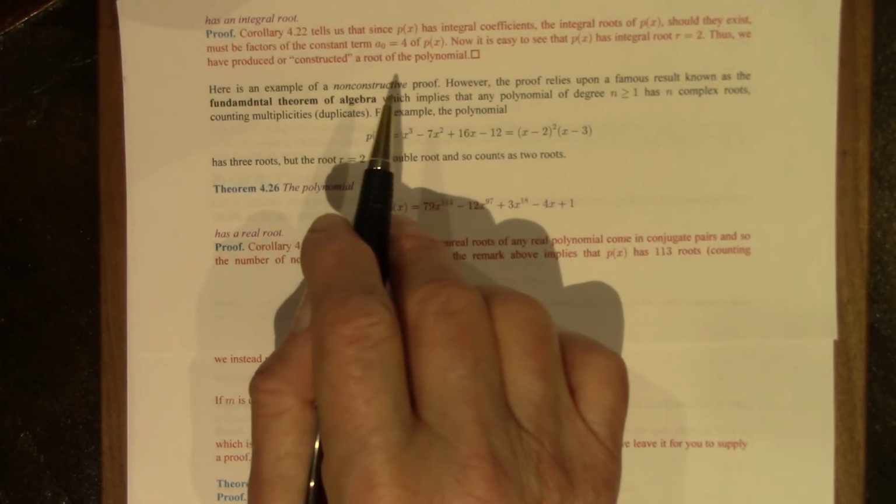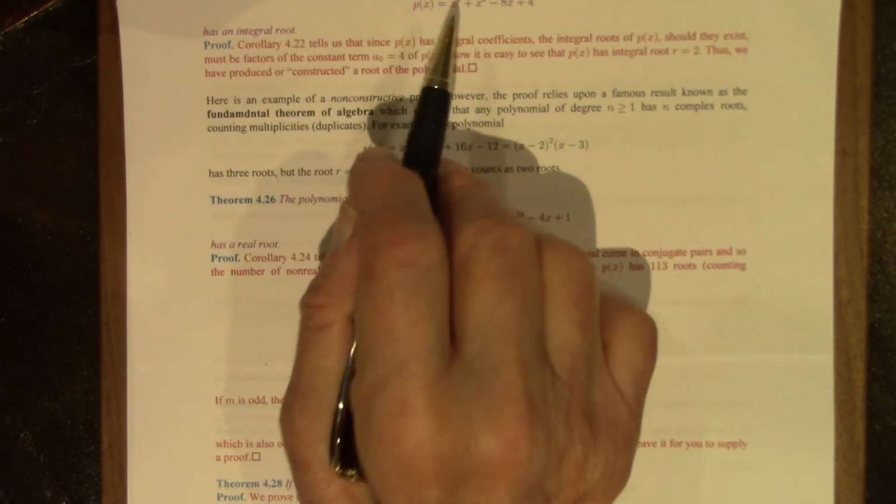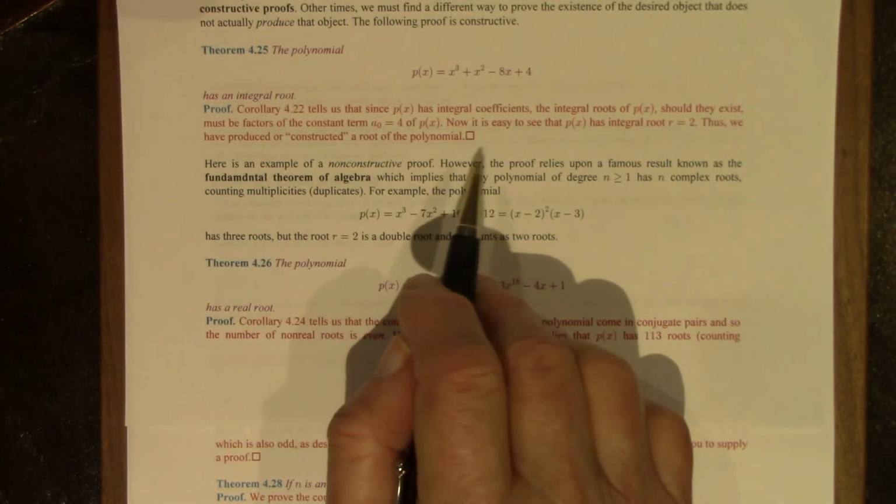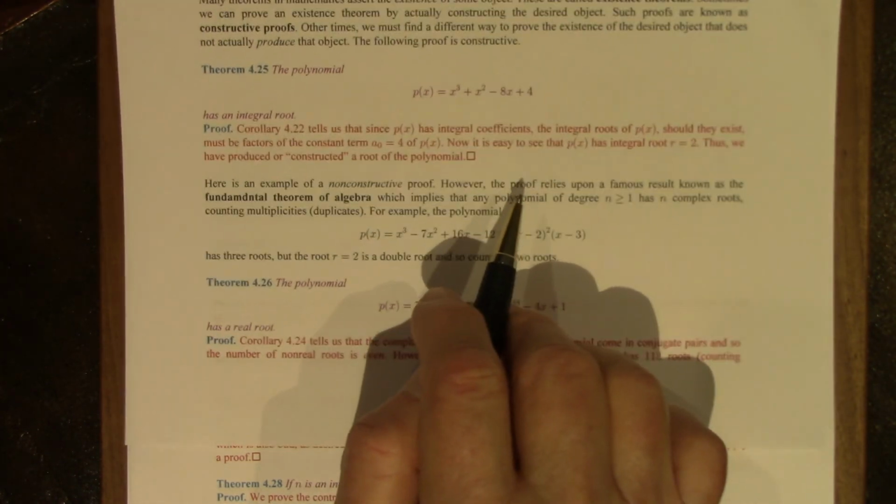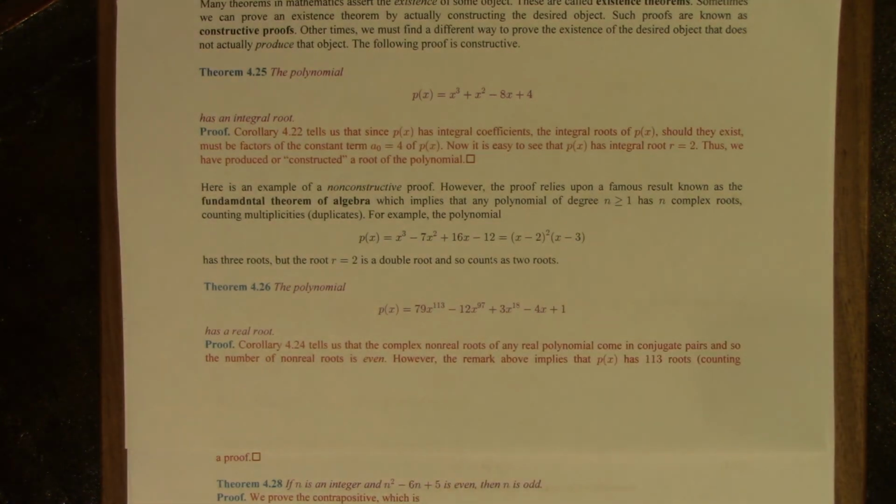Let me give you an example of a non-constructive proof that's similar in spirit. But before doing that, the proof is going to rely on a famous result known as the fundamental theorem of algebra, which we cannot prove. It's actually quite difficult. But what it implies is that any polynomial of degree at least 1, so non-constant polynomial of degree n, has n complex roots, counting multiplicities.